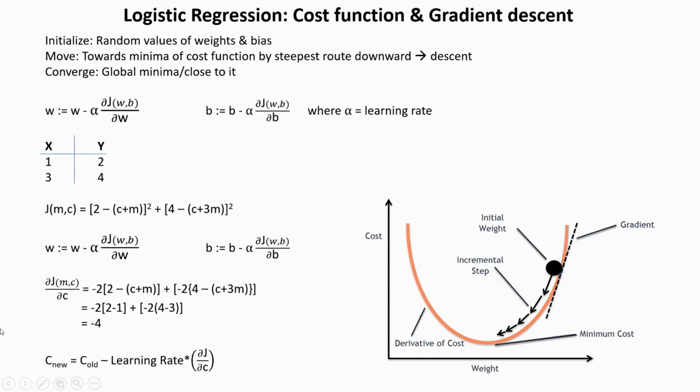But when you are adding, you're not adding in the cost function, you are adding in the weight or bias, whatever your parameter is, in the horizontal axis. So if you're adding in this case, basically you are moving downwards in the vertical axis. Moving downwards is associated with your vertical axis.